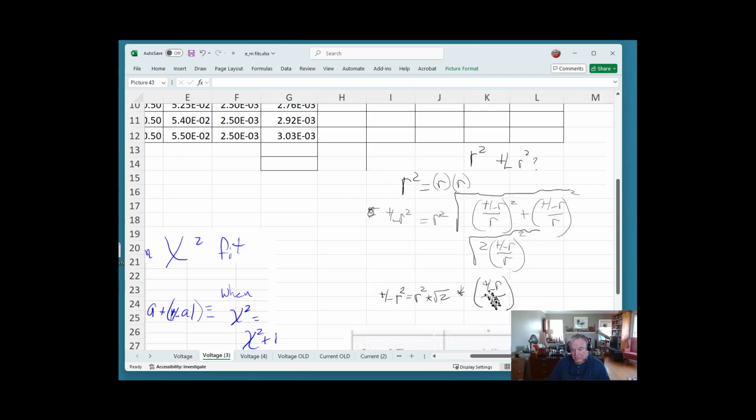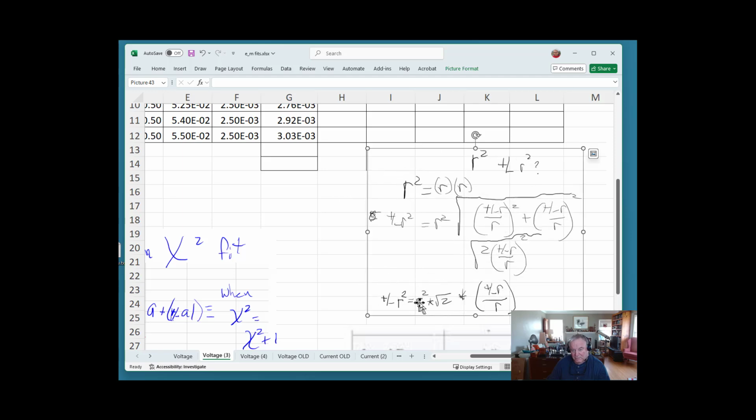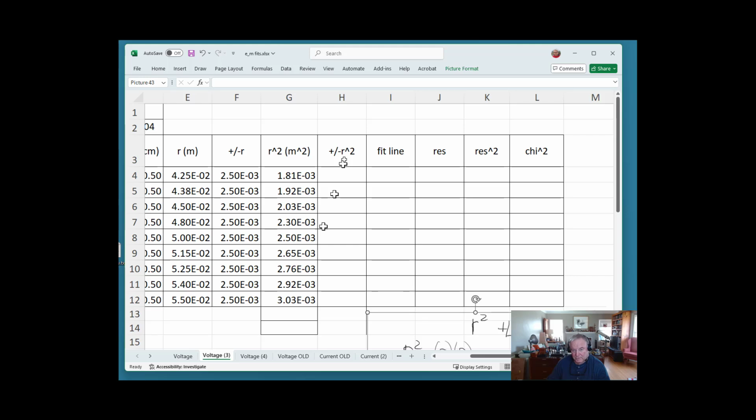All right, so we get that r squared times square root of 2 times the fractional error of r. That's our plus minus r squared. Okay, so equals the r squared times the SQRT2 and times the plus minus r divided by r, and then there's our plus minus.